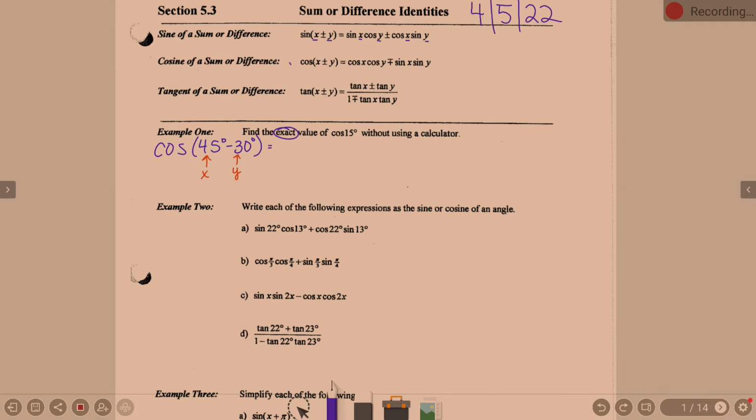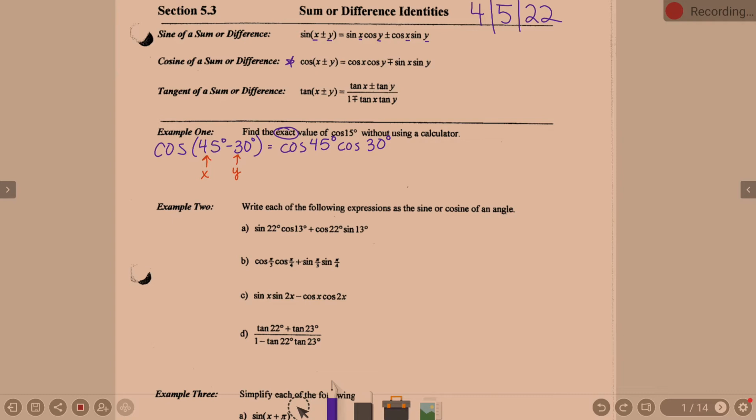When we're using the cosine one in this case, cosine of x plus or minus y is cosine x cosine y. So I'm going to write cosine of 45 degrees times cosine of 30 degrees.